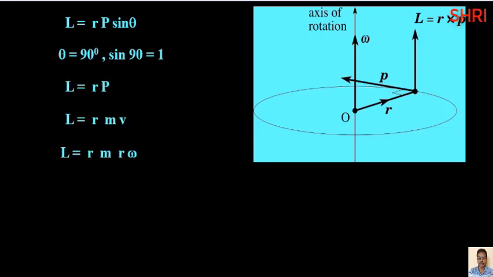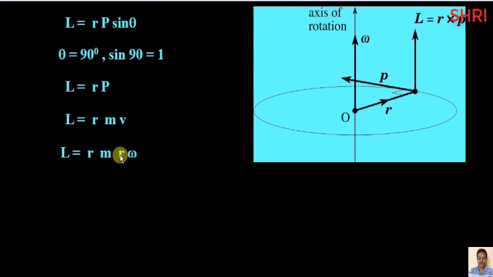Now we know p is equal to mass into velocity. Therefore keep that value here. Linear momentum is mass into velocity, and linear velocity is given by r omega, the relation between angular velocity and linear velocity that we have already seen. So we keep the value of v equal to r omega, and we get this equation.